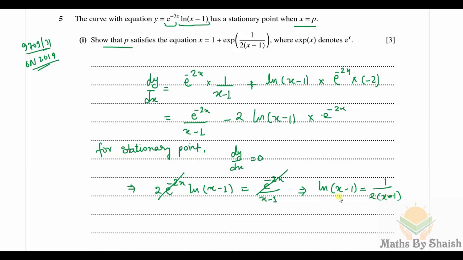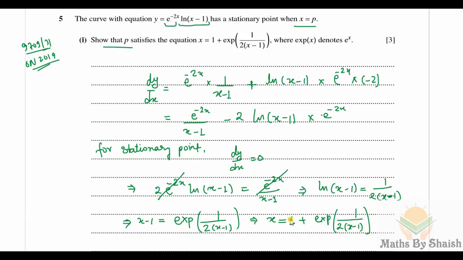Now we know if ln is equal to this, we can directly write that x minus 1 will be e raised to the power the whole thing, and I'm going to write in the same form, exponent of 1 over 2 times x minus 1, or the final answer, that is x is equal to 1 plus exponent of 1 over 2 times x minus 1.